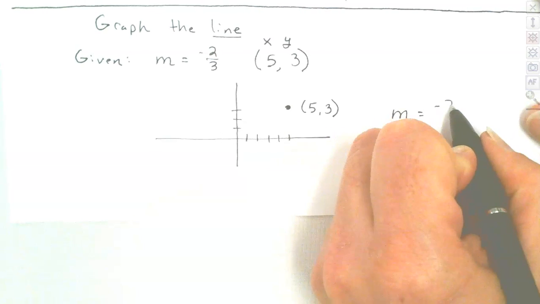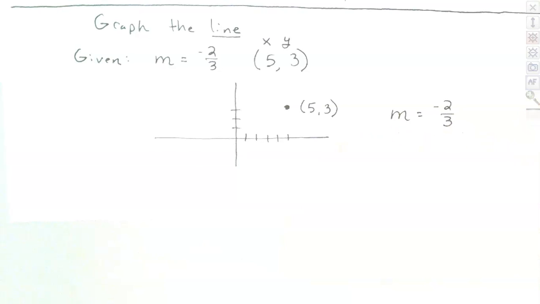Now, what kind of slope am I given here? Well, you're given a negative 2/3. So that tells me my line is going to be going down from left to right. And how do we determine the next point?